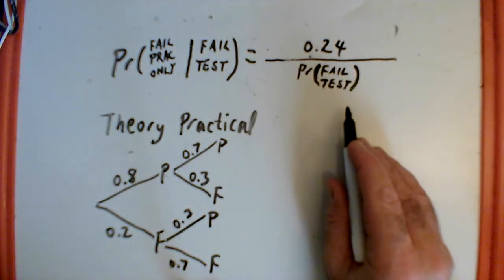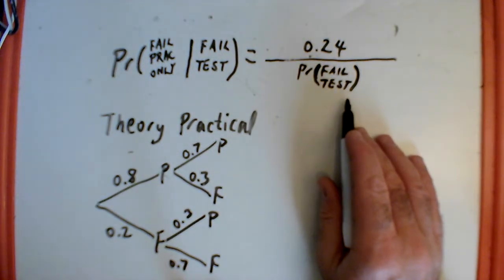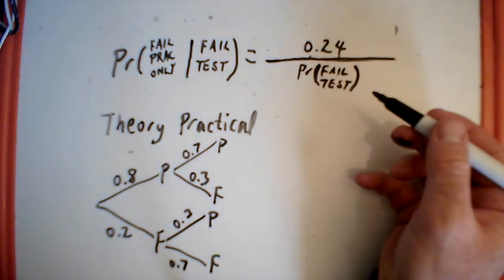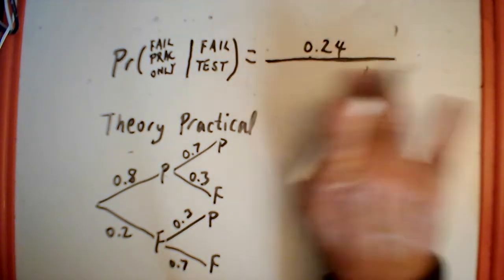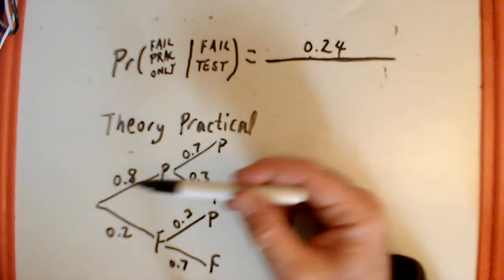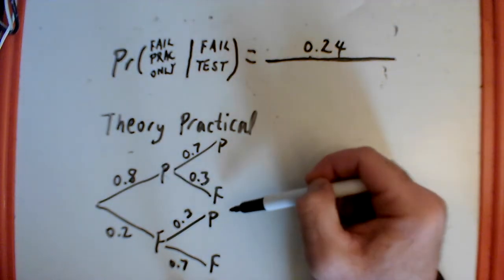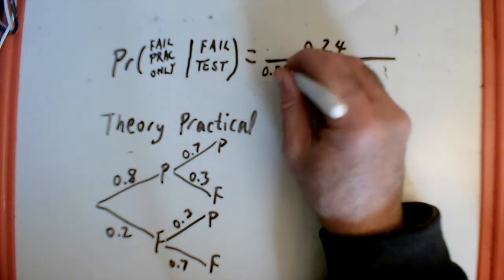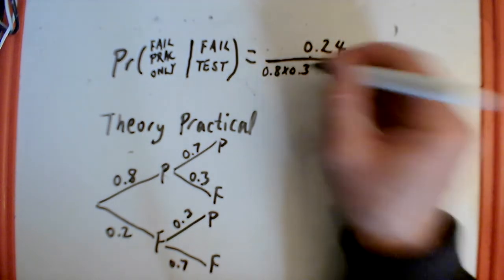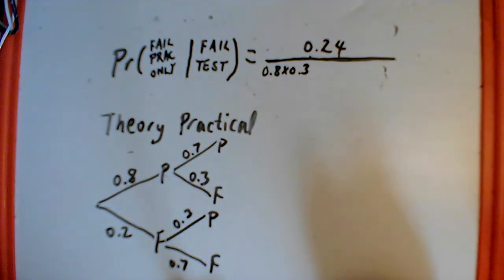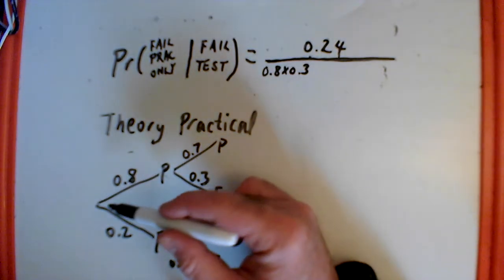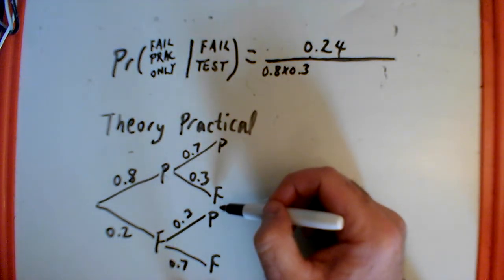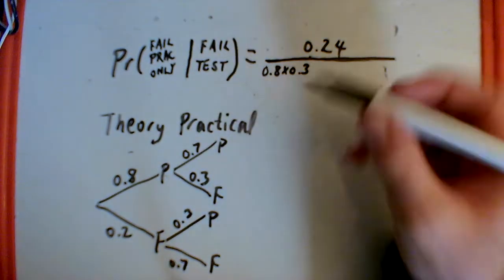And now on the bottom, we want the probability that he fails the test in any way whatsoever. Well, that can actually happen in 3 ways, because he can pass the theory and fail the practical, 0.8 times 0.3, or he can fail the theory and pass the practical, 0.2 times 0.3.